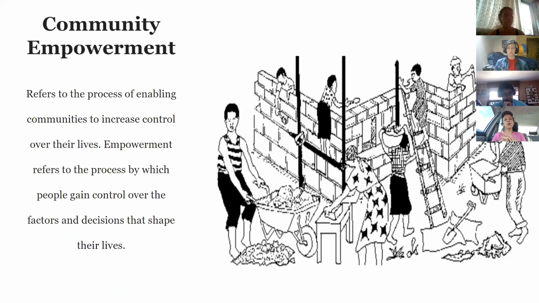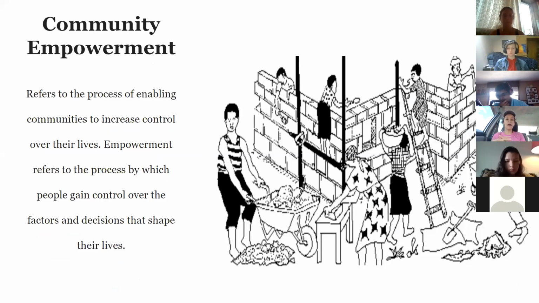Specifically, what is community empowerment? This refers to the process that enables communities to increase control over their lives. Specifically, empowerment refers to the process by which everyone gets control over some decisions or factors that shape our own lives.